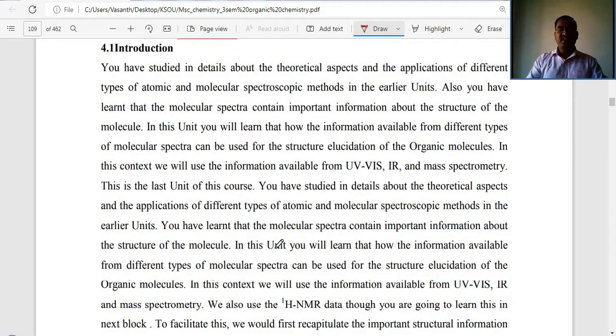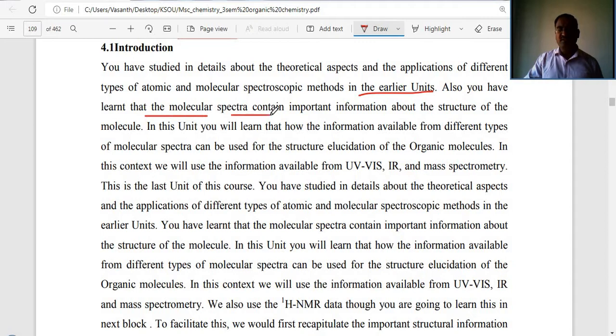Already we studied the theoretical aspects and the applications of different types of atomic and molecular spectroscopic methods in the previous units. Also, you have learned that molecular spectra contain important information about the structure of the molecule.